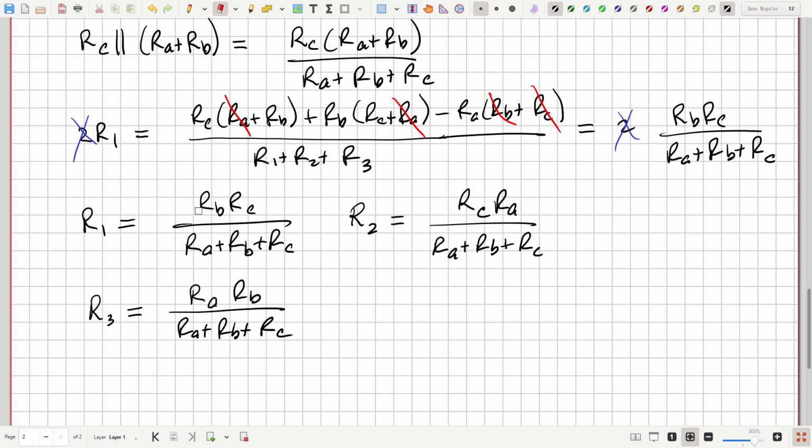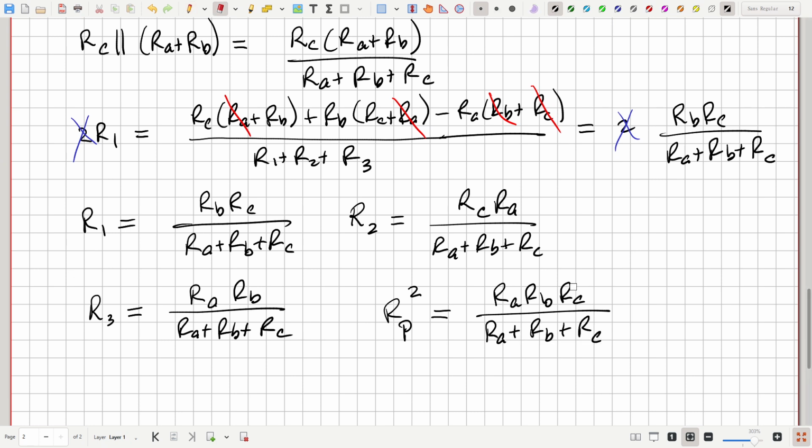So if we multiply that by the third resistor, so we have RA, RB, and RC in the numerator, let's call that RP squared. Call that RA, RB, and RC, the product of the three over the sum, RA plus RB plus RC.